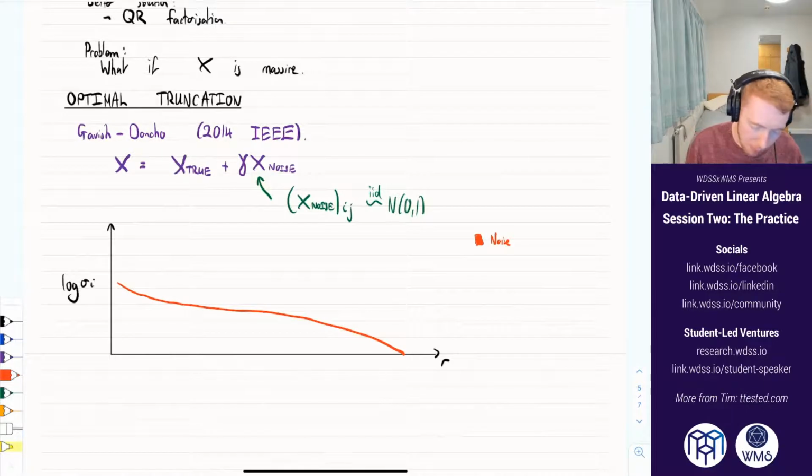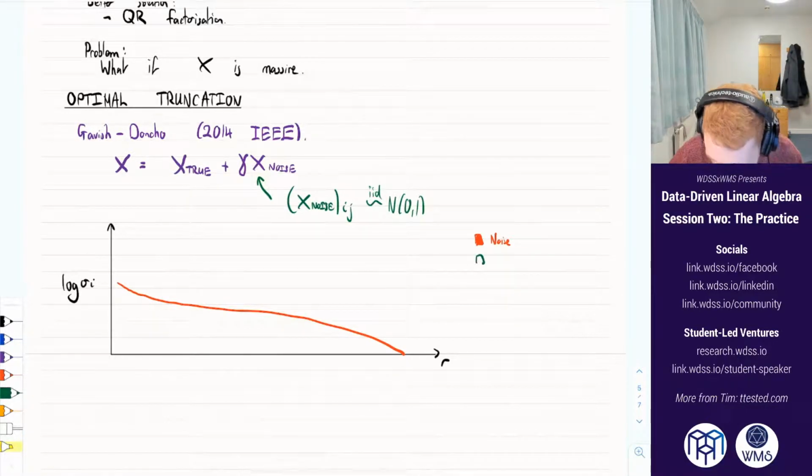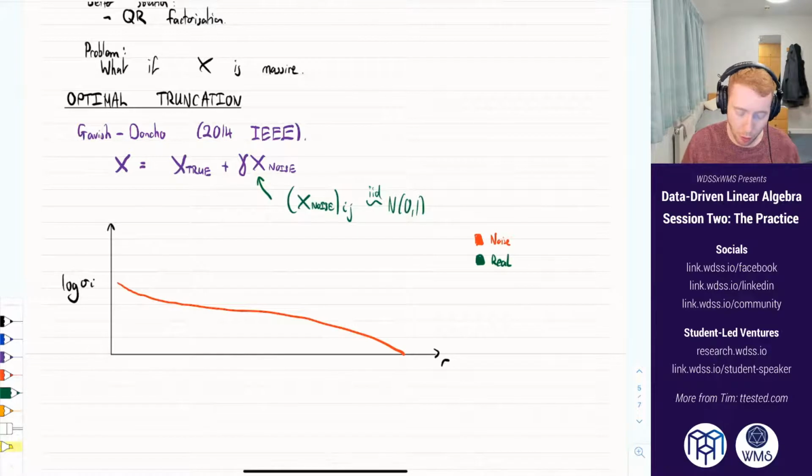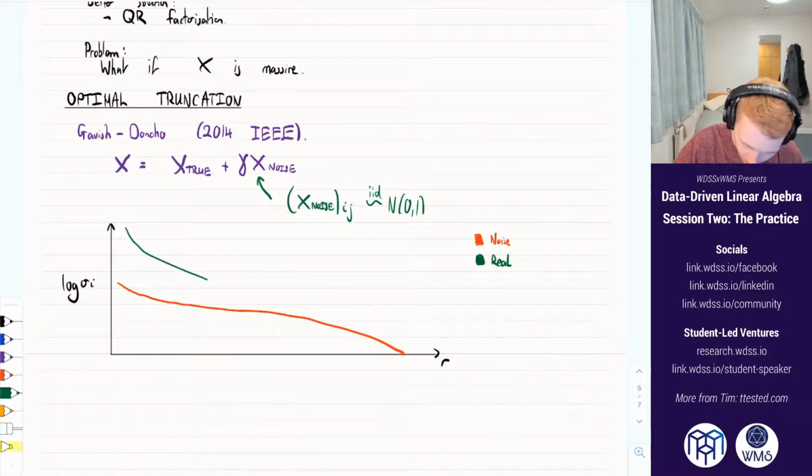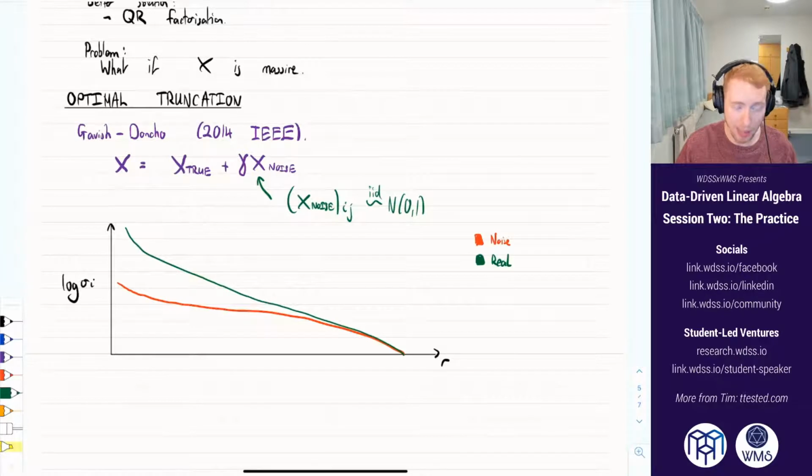Then what Gavish and Donoho did is they plotted some real data and found that the graph of sigma i, or log sigma i, looks something like this. For the low end, it looks an awful lot like noise, and then as we get to the high end, it starts to split up.